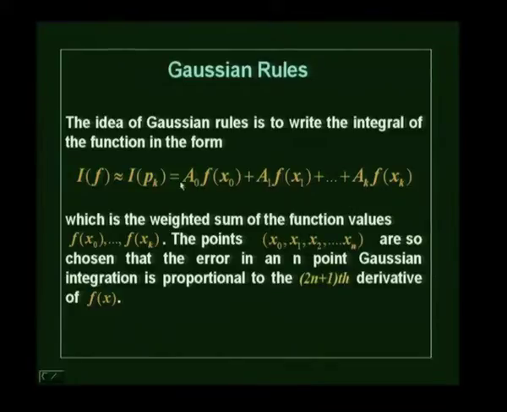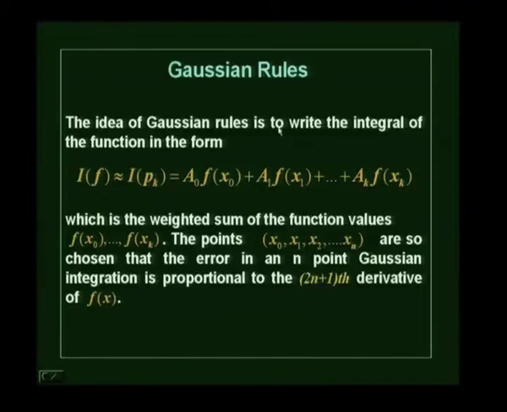So, the idea would be to compute these coefficients a1, a2, ak, and then write it as a sum of this form. We need to know the function values at these points x0, xk. Now we can choose the points such that, as I just said, we have n points, and we could choose these points such that our error is of the order of the 2n plus 1th derivative of f of x, or we go into that term in the polynomial.